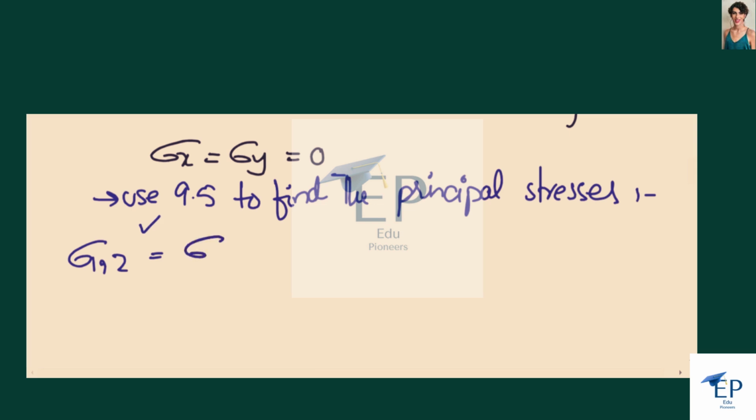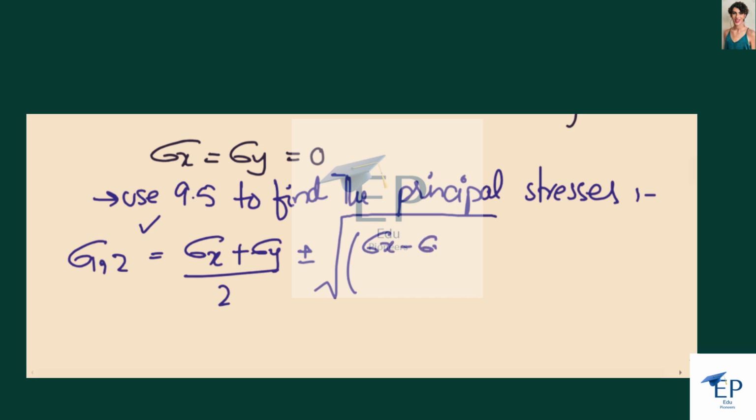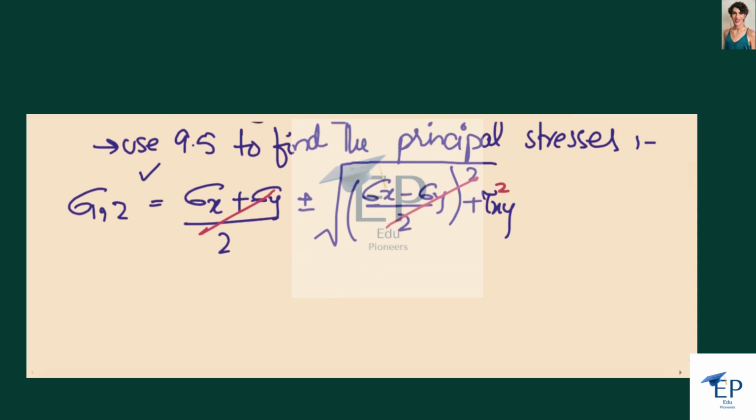So I have sigma sub x plus sigma sub y divided by 2, plus minus the square root of the quantity sigma sub x minus sigma sub y over 2, squared, plus the shear stress squared. Since there is no stress in the x and y direction, that cancels out, so we'll only be having the shear stress, with plus minus and the absolute value.